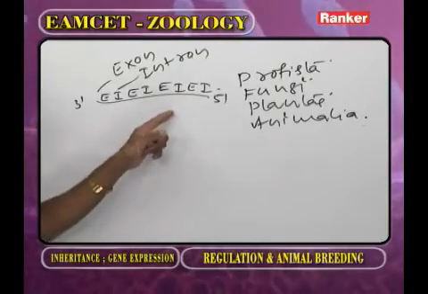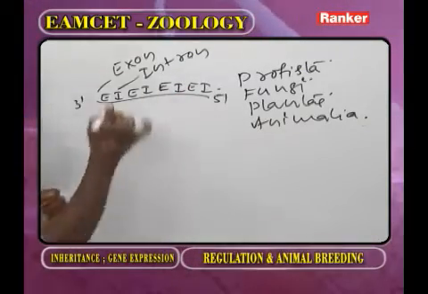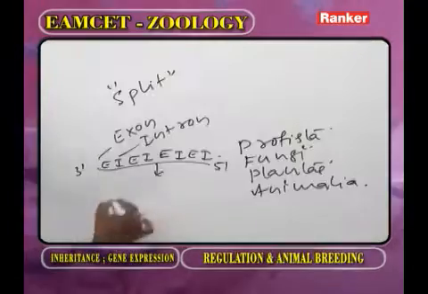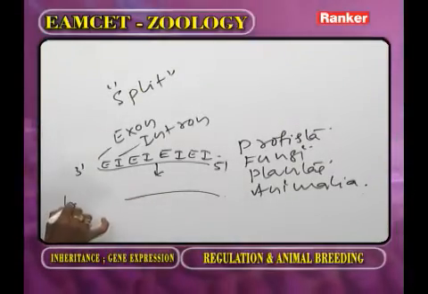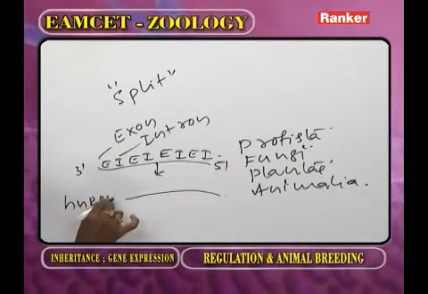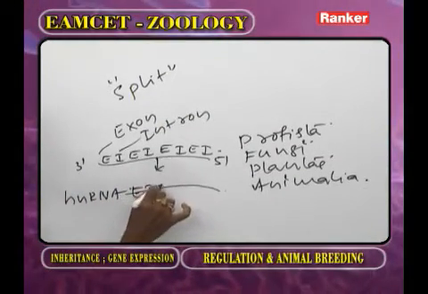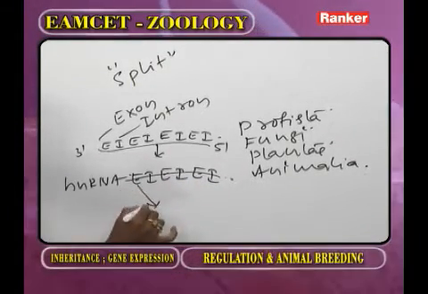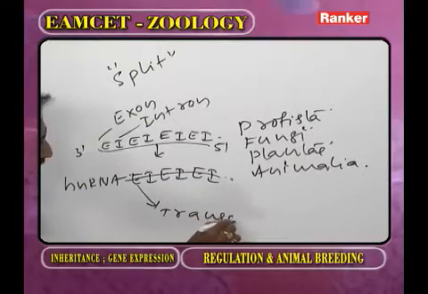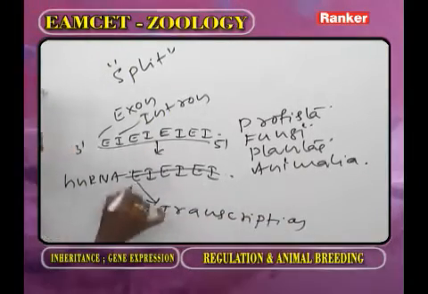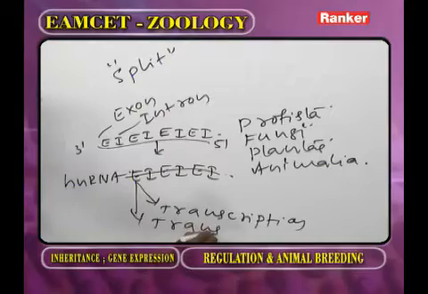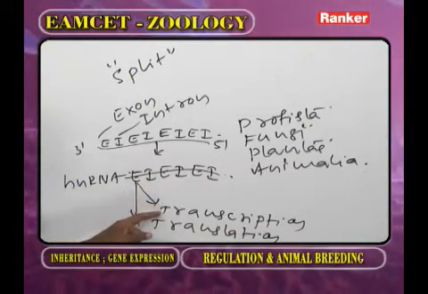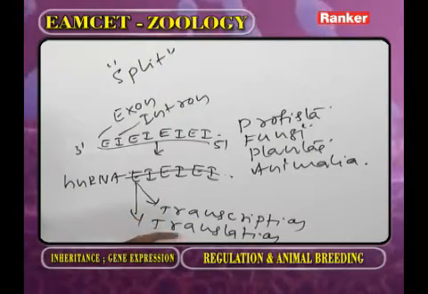So in eukaryotes, 2 different genes are present, so called split genes. Now this gives rise to the heterogeneous nuclear RNA. It has exon, intron, exon, intron, exon, intron. Now the exon performs transcription as well as the translation. That means the exon gives rise to mRNA, that mRNA gives rise to protein.